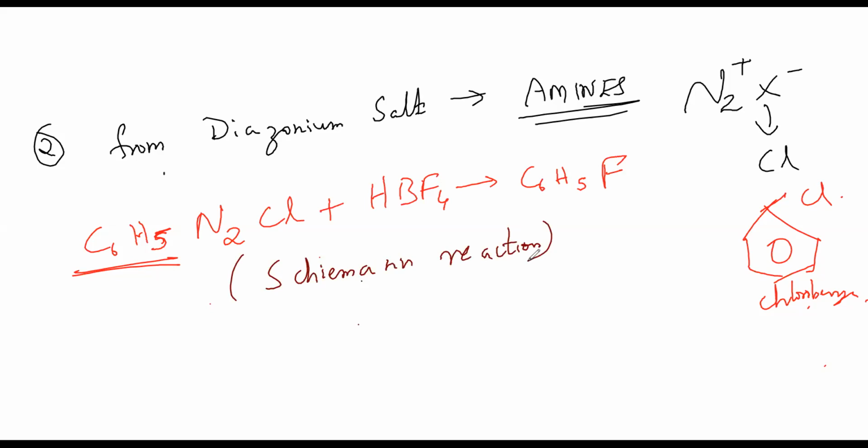And the next one is the most important of all. Same thing, C6H5 N2 plus Cl minus, plus CuCl, copper chloride, gives you C6H5Cl.